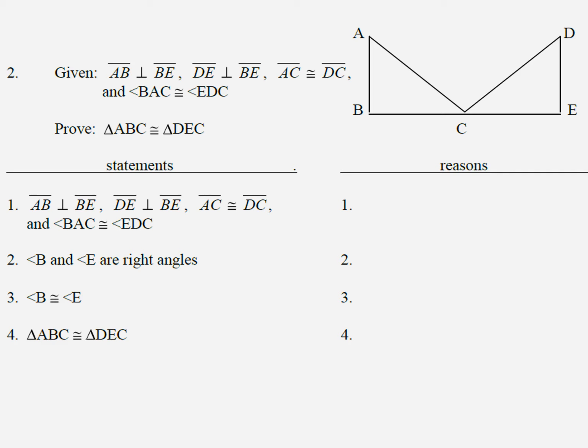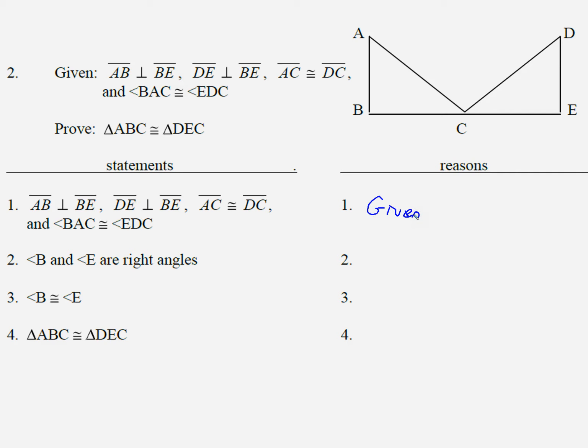Going to the next one. This one has a lot of information, but it will probably end up working out pretty nicely as we work our way along. We have a couple perpendicular statements. AB is perpendicular to BE. All this stuff we're going to put right there in our first step, and that's going to be given. So I'll put given here, and then I'm going to come up to the figure and start marking this.